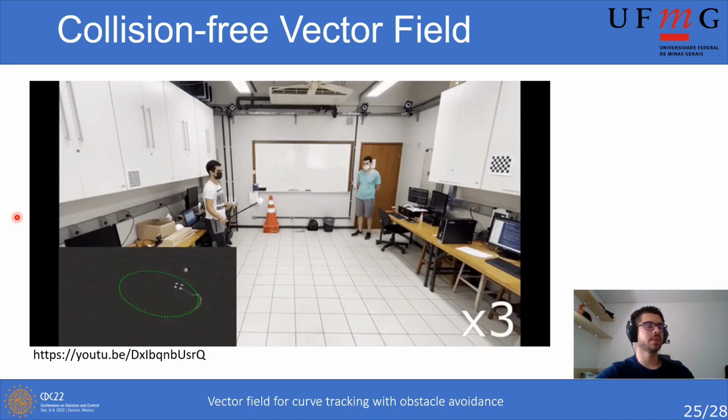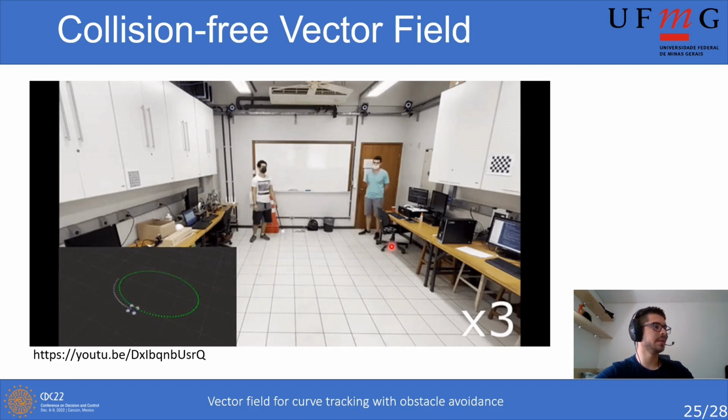And the last result I'm going to show is this experiment where a low-cost UAV quadcopter is following an ellipsoid curve and deviating from this obstacle that I'm holding here.